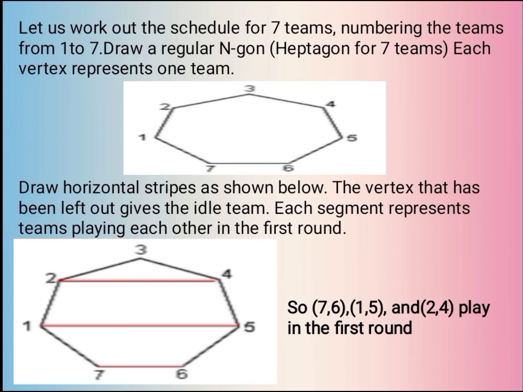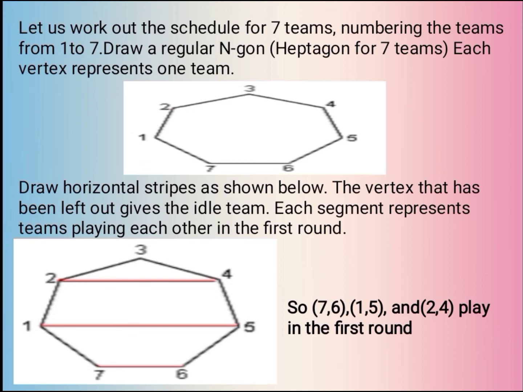Draw a heptagon. Each vertex represents one team. Draw horizontal stripes as shown below. The vertex that has been left out gives the idle team. Each segment represents teams playing each other in the first round.